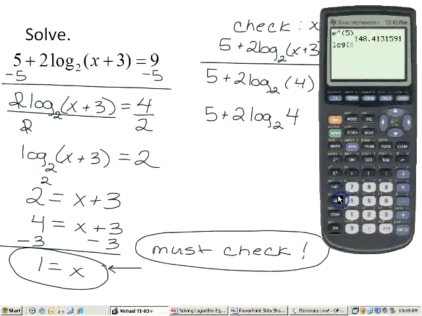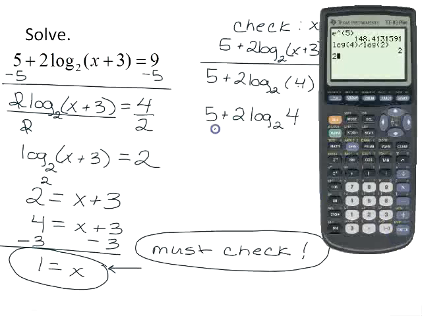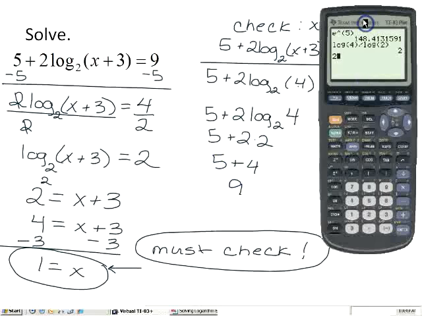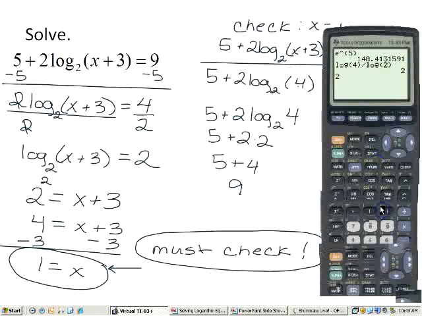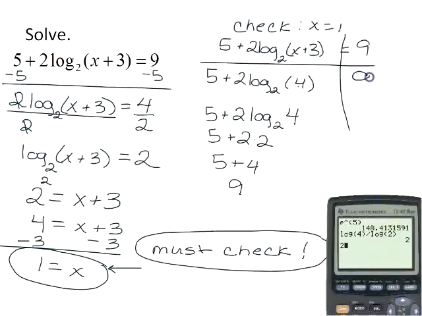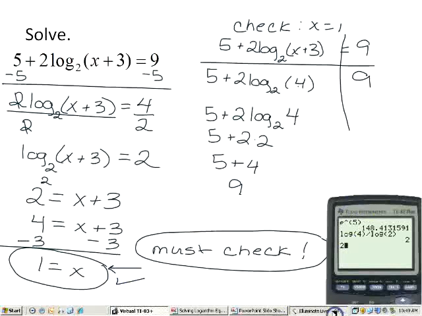Well, let's see here. I think I can think about this one for a little bit and get this in my calculator or in my head. The log base 2 of 4 would be the log of 4 divided by the log of 2 using the change of base formula, which is 2. So this is 5 plus 2 times 2, 5 plus 4, which is 9. And on the other side of the equation, the 9 is what you have. So it does check.